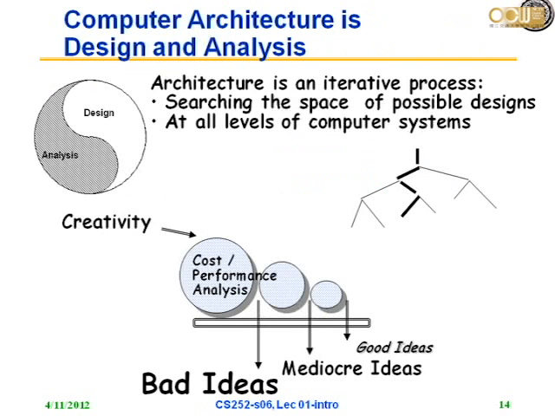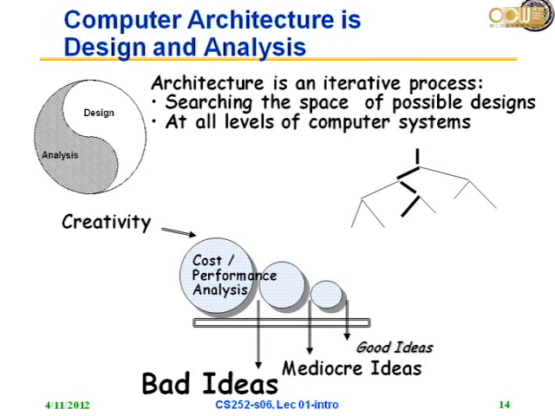Then computer architecture is design and analysis. Architecture is an iterative process. Why do we say that? We need to search through the space of possible designs, at all levels of the computer system. Beginning from somewhere, we want to have an ideal system.